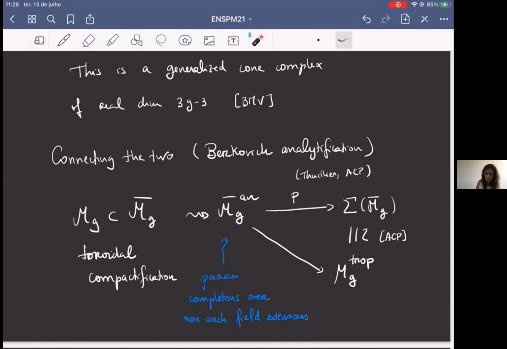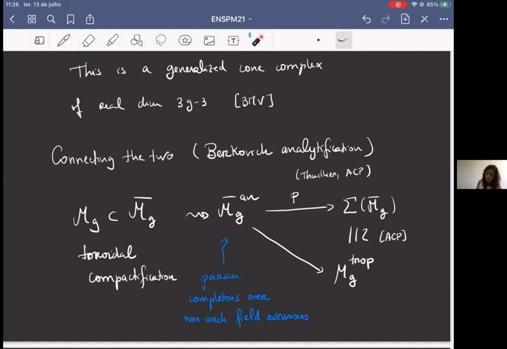These are two stacks included one in another, where locally at a point in the boundary, the inclusion is isomorphic to a torus inside a toric variety. So locally this is as good as you wanted in the beginning.